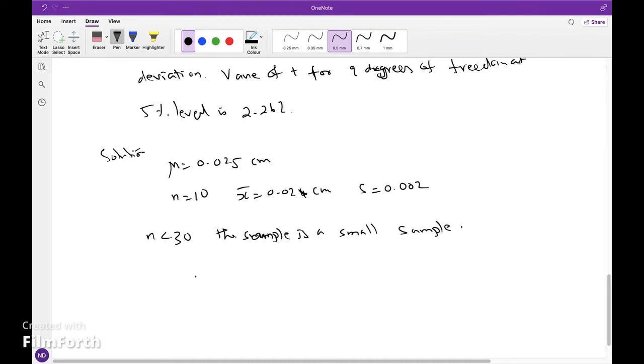So we can apply t-test for testing the mean. H naught mu equal to 0.025. The alternative hypothesis mu is not equal to 0.025.